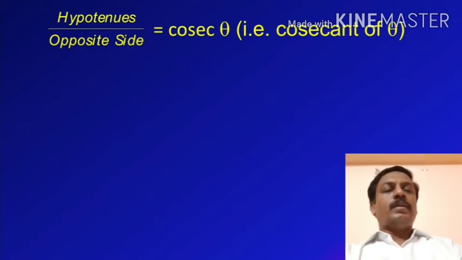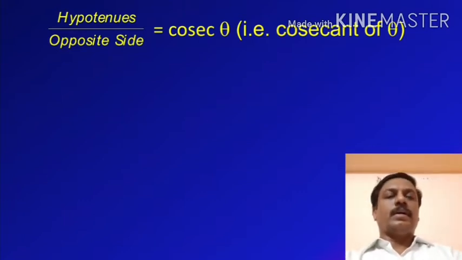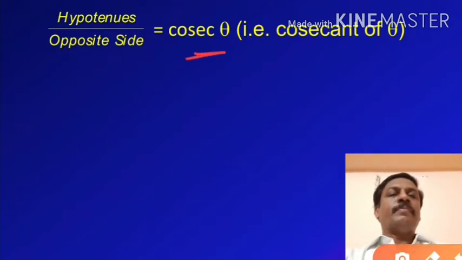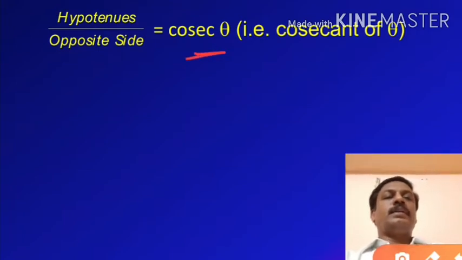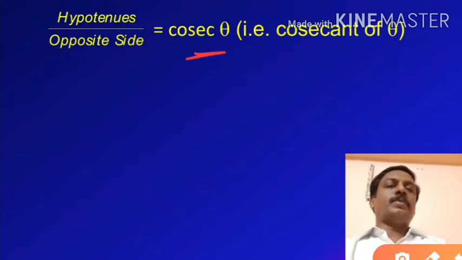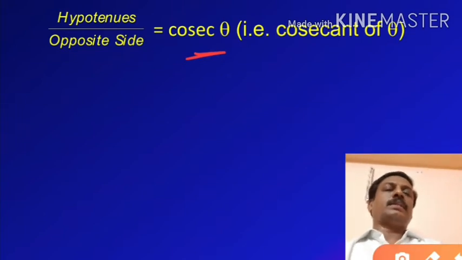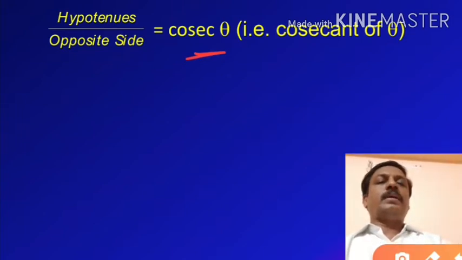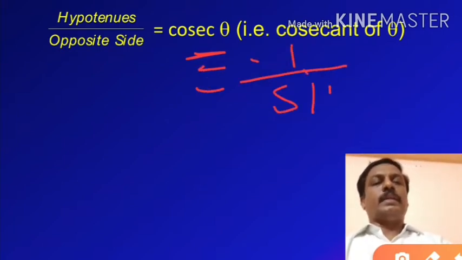Now we will learn three more trigonometric functions. First one is cosec theta, or cosecant theta. In short, we call it cosec theta. This cosec theta is defined as the ratio of hypotenuse to opposite side, or we can also write cosec theta is equal to 1 by sin theta.